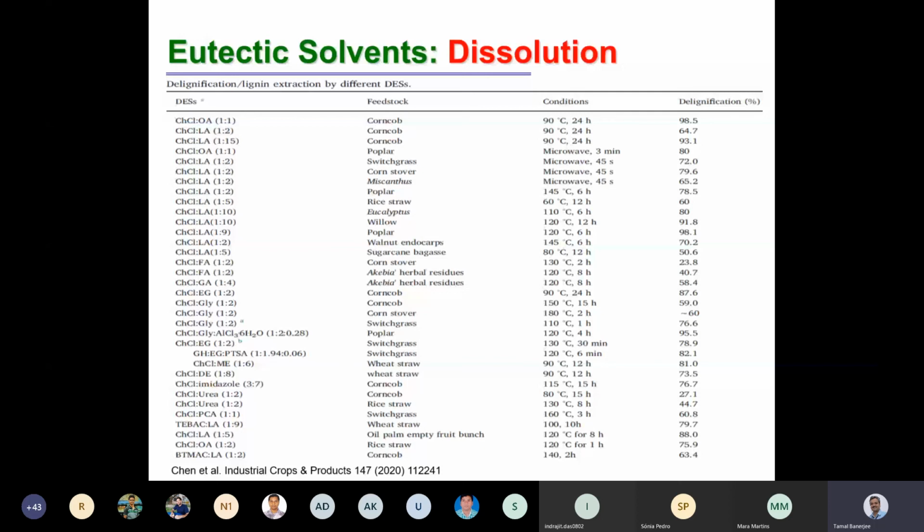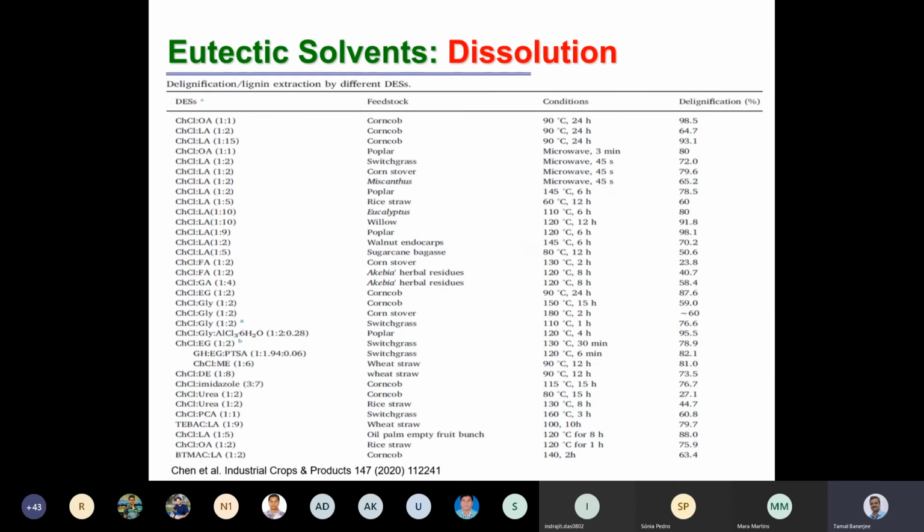Another option of solid-liquid extraction, in this case, is specifically the dissolution of lignin from the plant matrix. It's very common in lignocellulosic pretreatments nowadays.